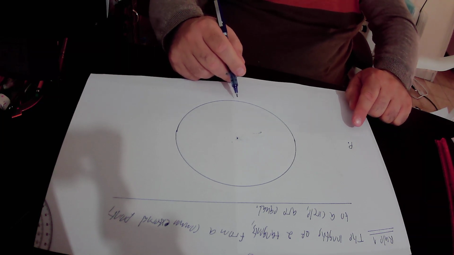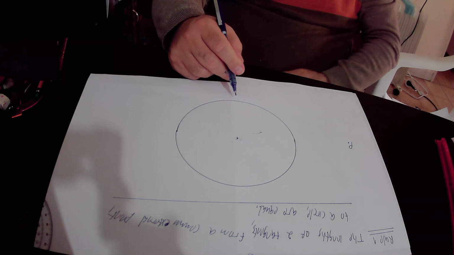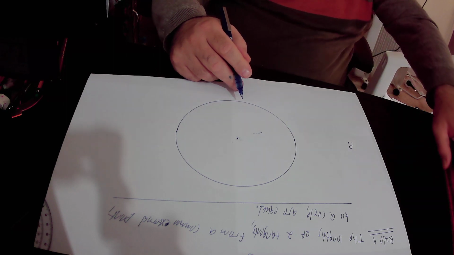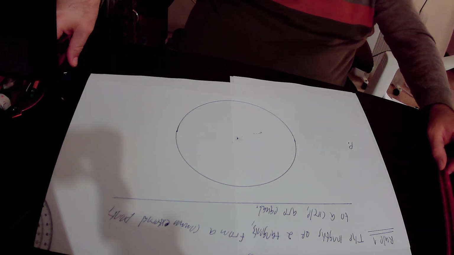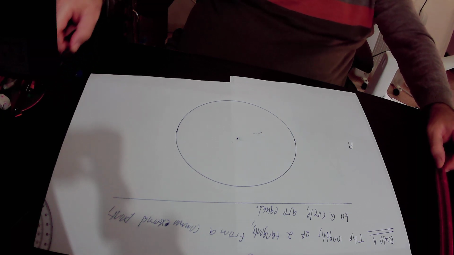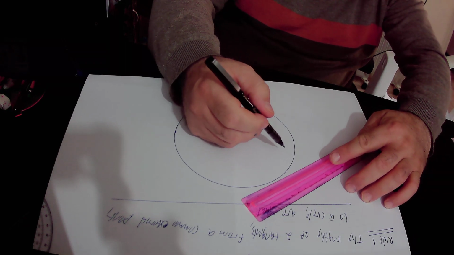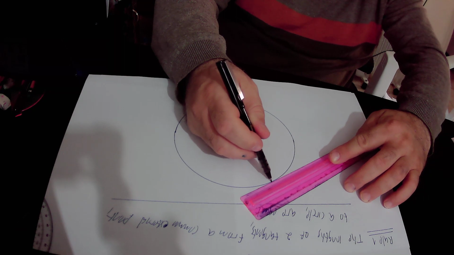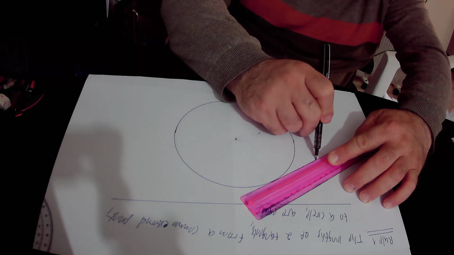So from the external point P, we will draw two tangents to this circle. Here, the first tangent will be this tangent.